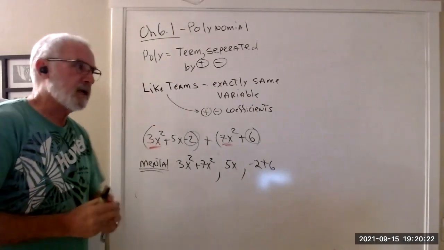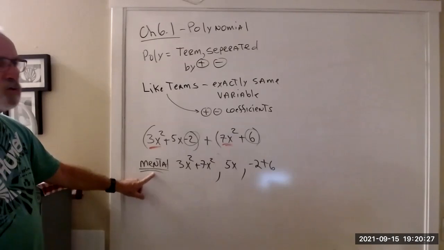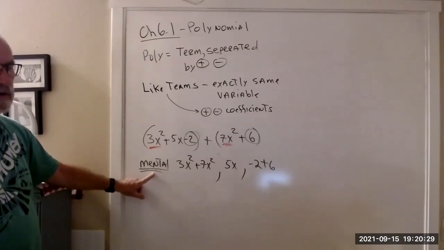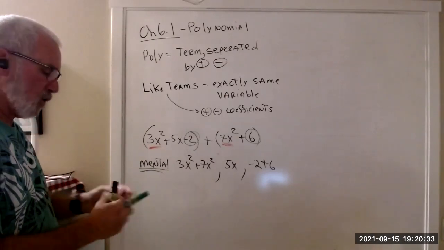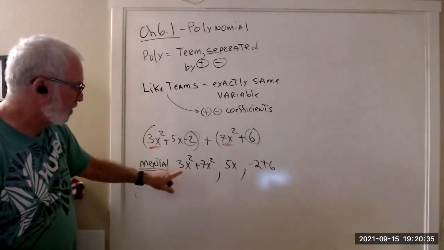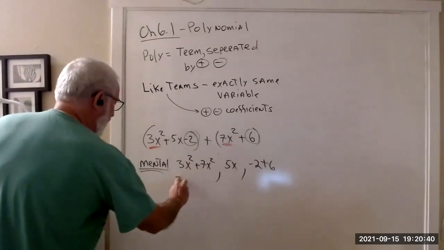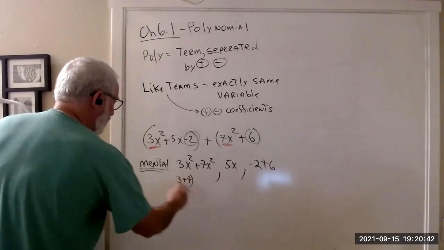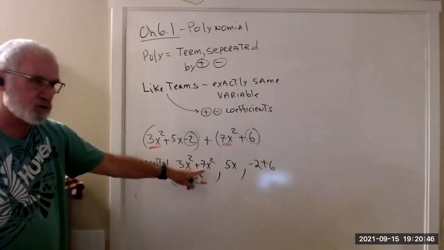Now, again, I said mental, because you do not have to write this down, but you do have to think this. So when you're adding 3x squared and 7x squared, technically what you're adding is the 3 plus 7 of the x squareds. You add the coefficients, 3 and 7.